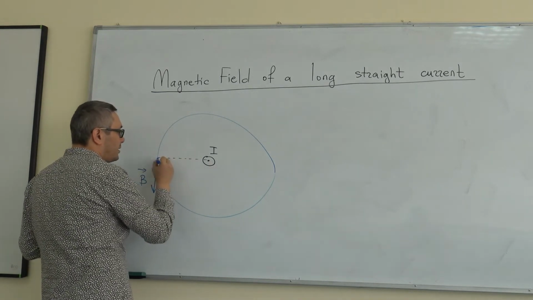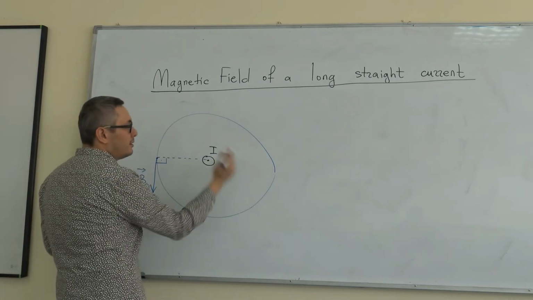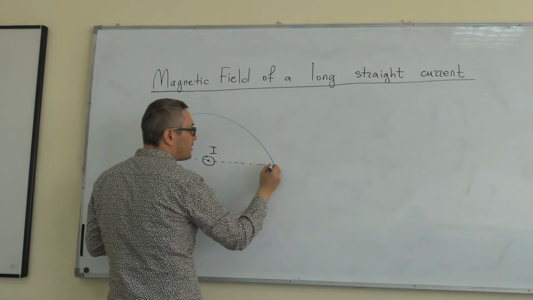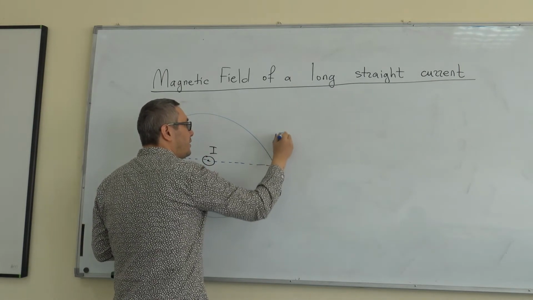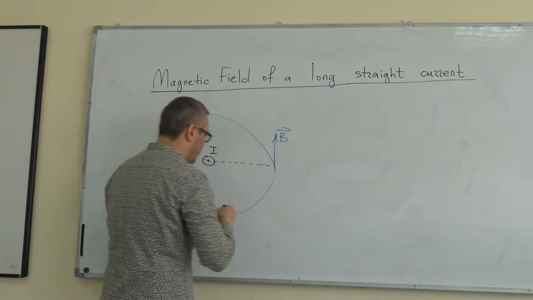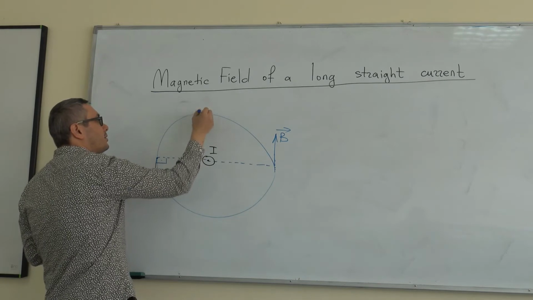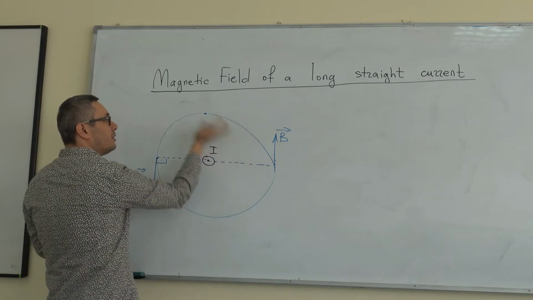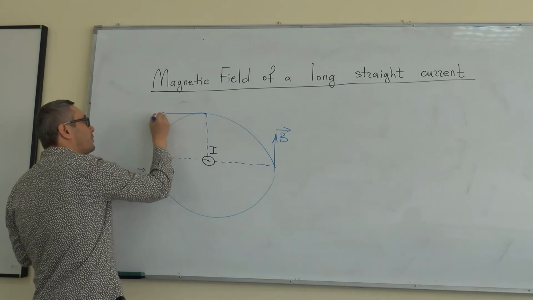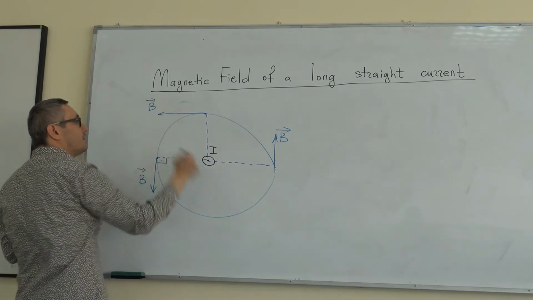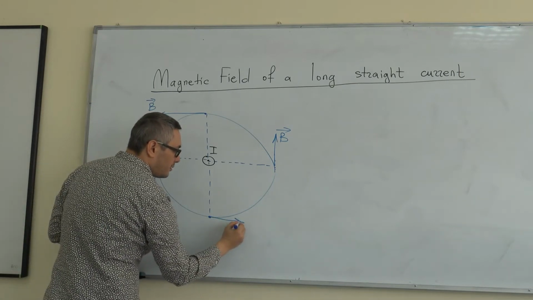And this is 90 degrees, so this is tangential to the circle. Same thing here. I draw this radius and then the tangent to it, and that's the magnetic field at this point, point B. So it's pointing up. At this point, again using the right hand rule, it's pointing to the left. And at this point, it's pointing to the right.